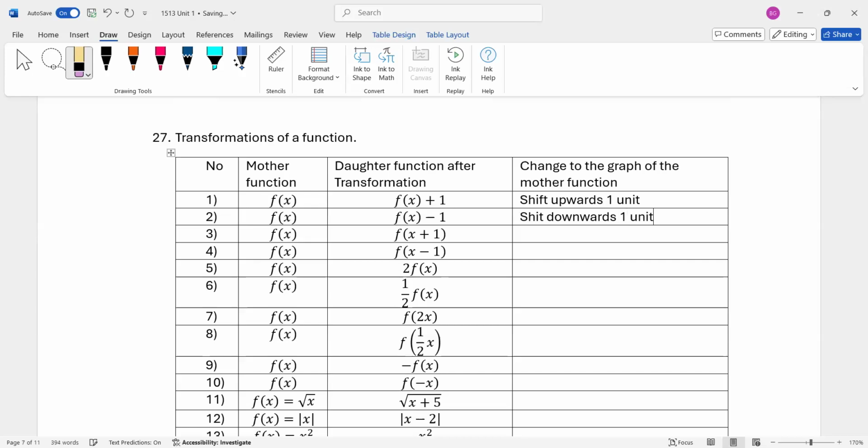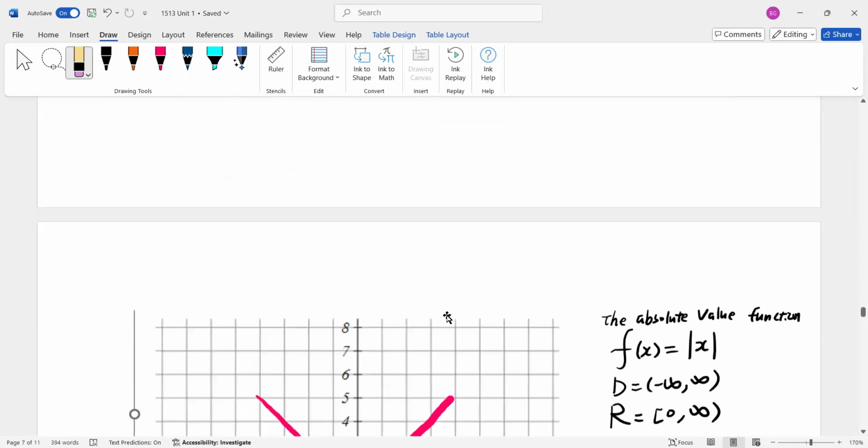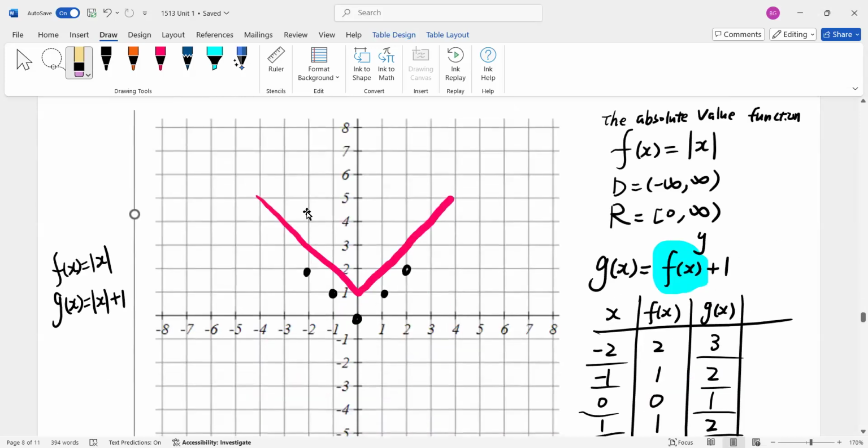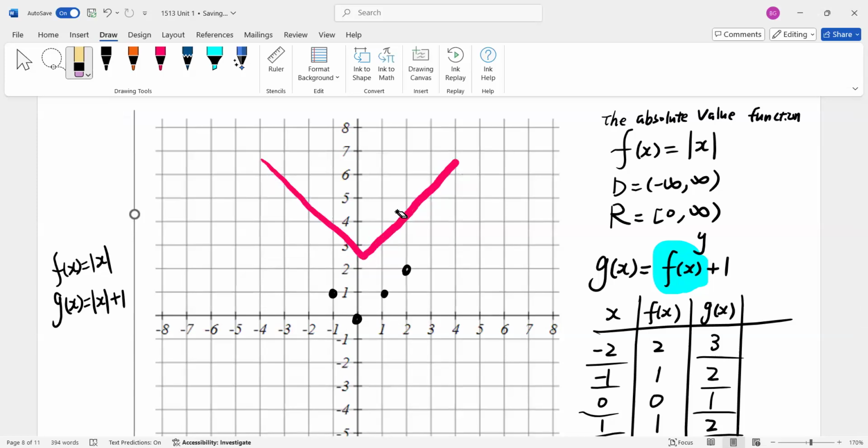Very good. Again, the treatment is on y. F of x is y. So all the y values are going to reduce by 1, but x values don't change. So that's the reason the transformation is not horizontal. The transformation is vertical. So let me go back. Let's put the graph back to 0, 0.